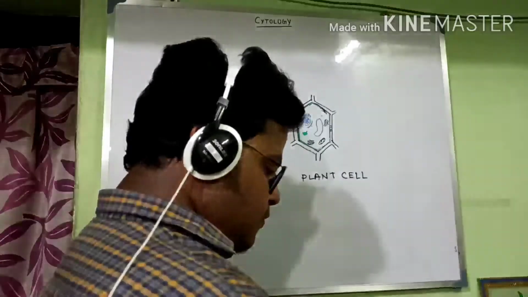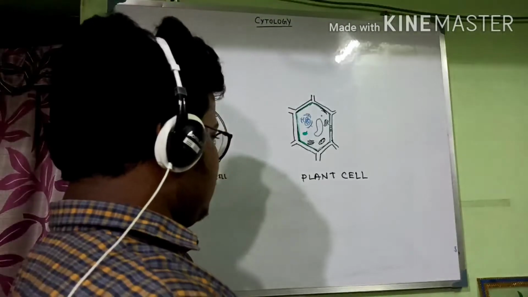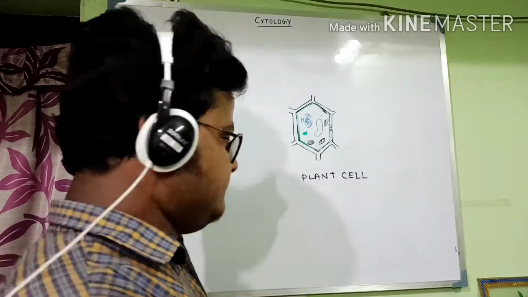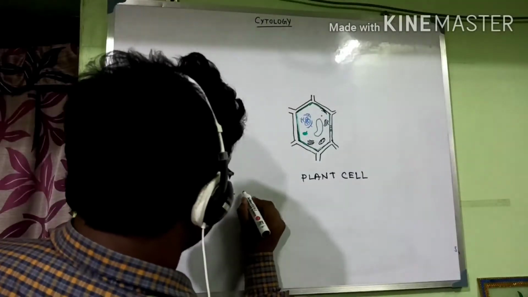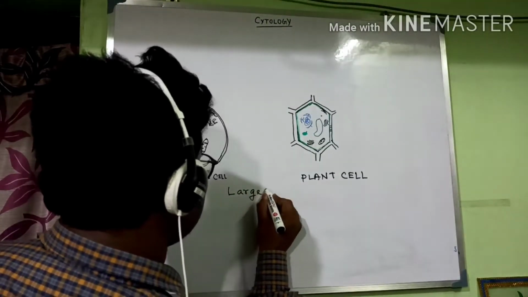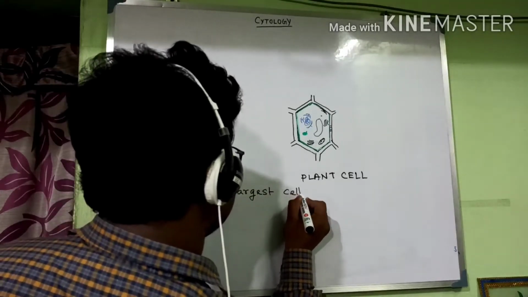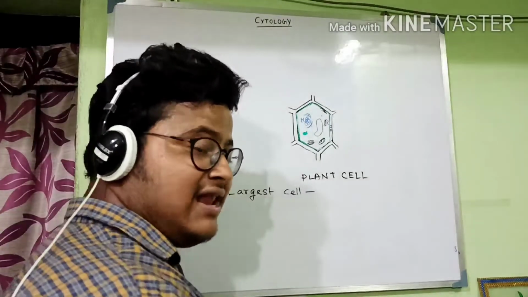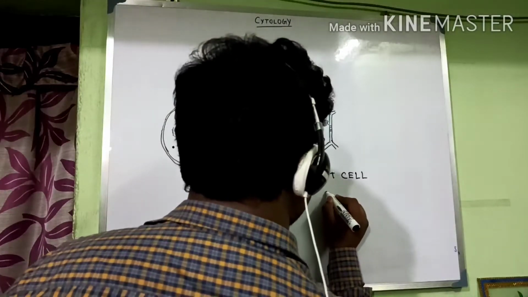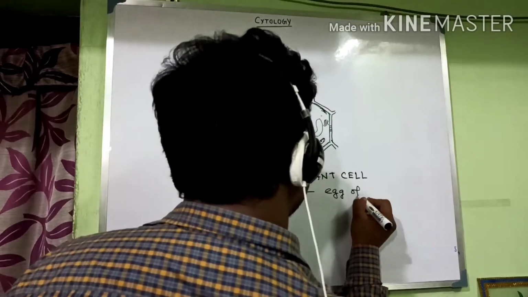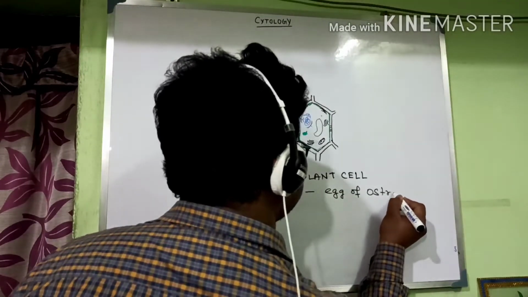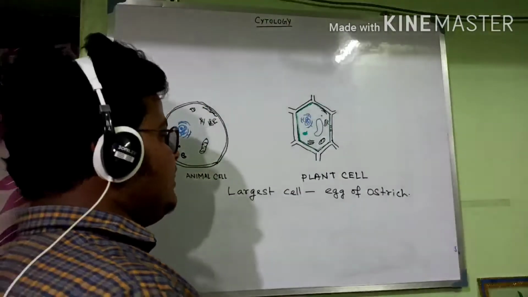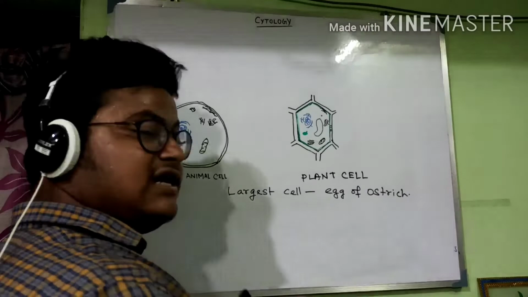Now we will learn about the shape of the cell, that is, the largest cell and the smallest cell. The largest cell in the world, in the case of animals, is the egg of the ostrich. The egg of the ostrich is the largest cell.